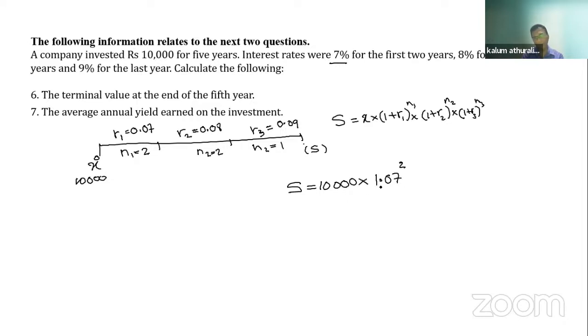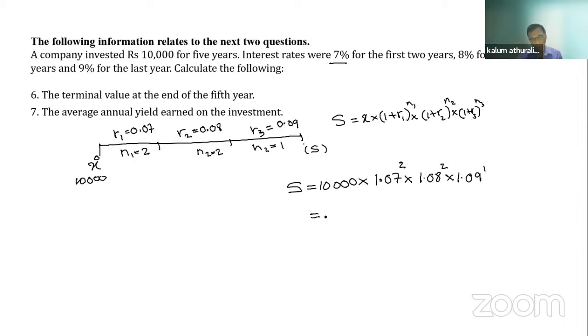Try to get like this. Into, then R2 should be 0.08, then 1 plus R2 should be 1.08 to the power 2. Into 1 plus R3 is 1.09 to the power 1.